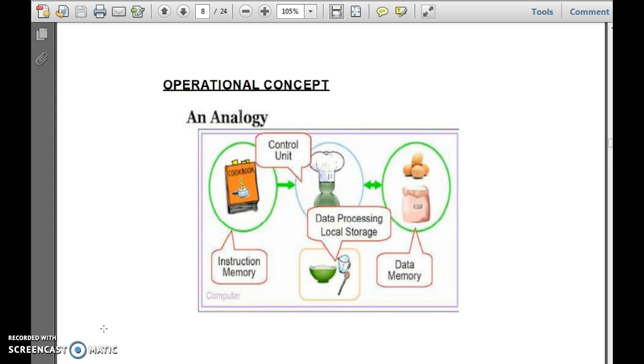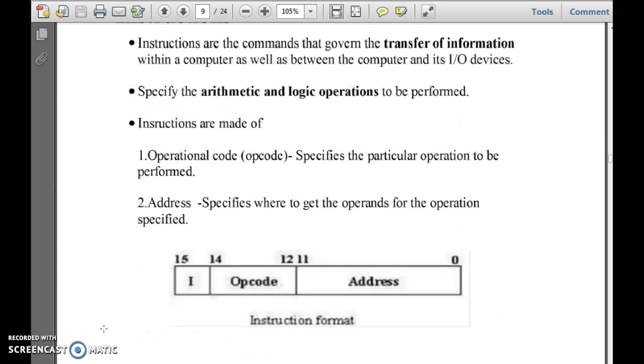Similarly, a computer instruction will be the input, which is compared to the cookbook, and the computer processor is compared to the chef, where once the computer gets the instruction, the processor processes it, and once the processor processes it, the final output will be kept in the data memory. This is a simple analogy.